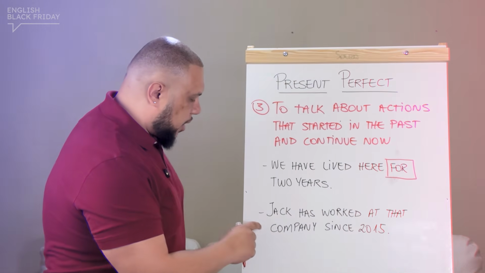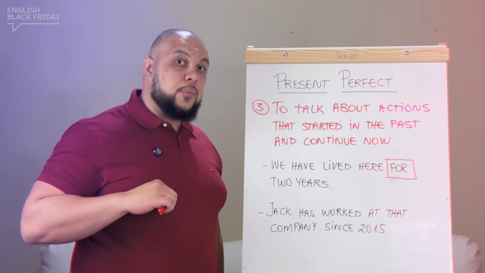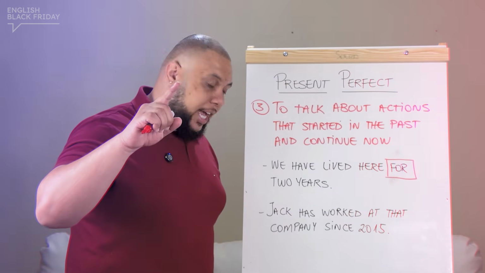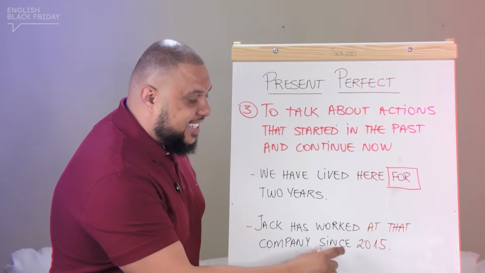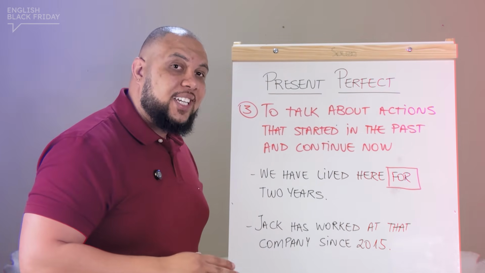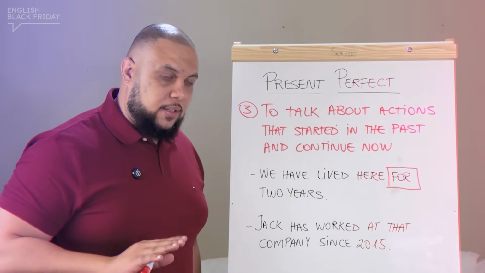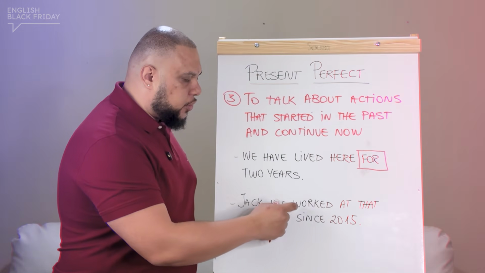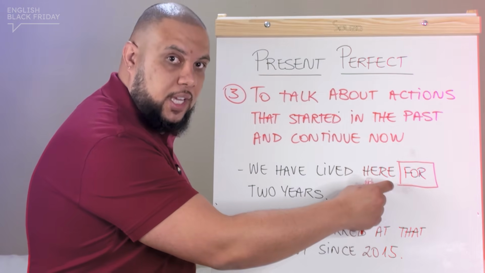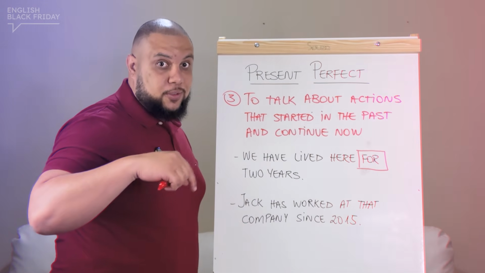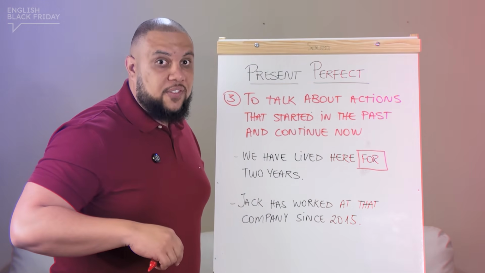Okay? Second example, look at this. We're going to talk about my friend from Houston, Texas, Jack. Jack has worked at that company since 2015. So look at this. Jack has worked there for 10 years. That would be the period of time, for 10 years, because right now it's 2025.